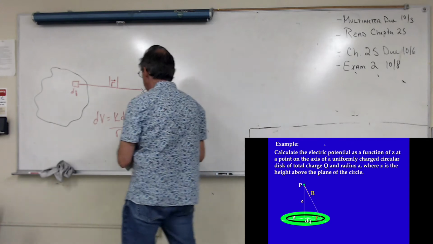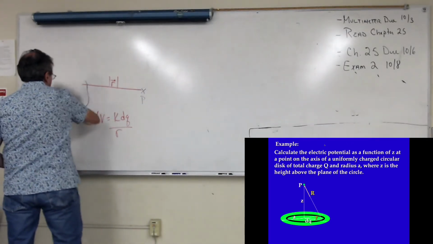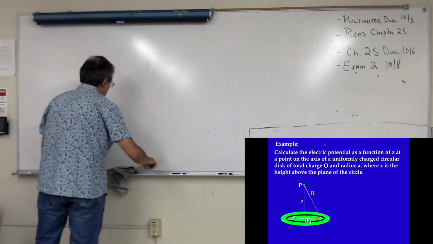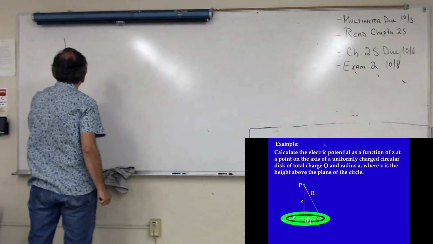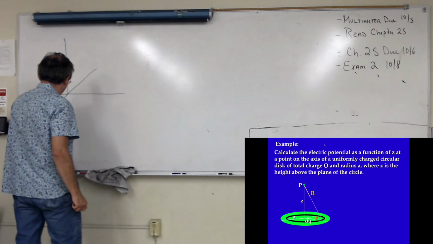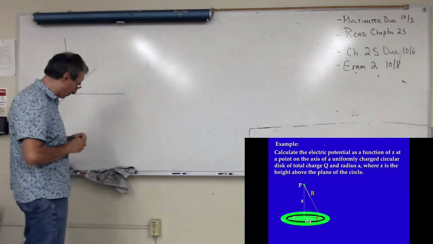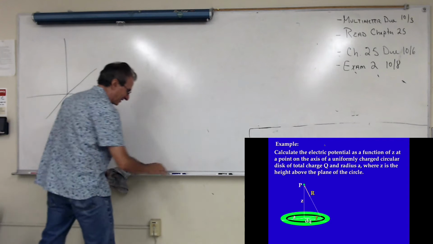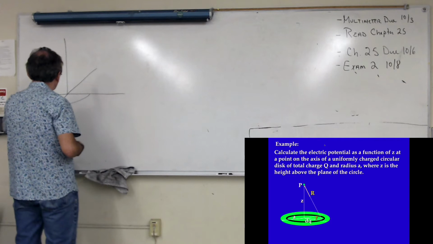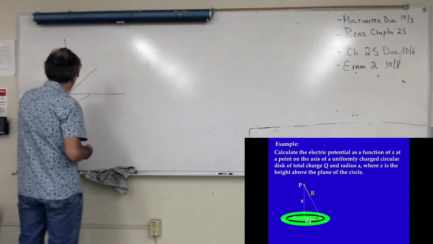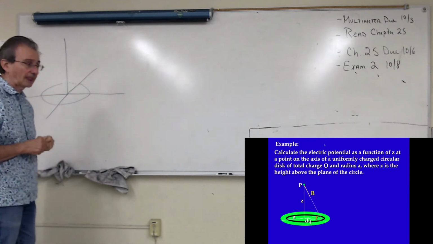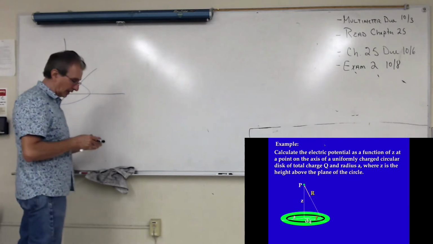Let me draw a picture. I'll do the best I can. That's my disk. It has radius a.